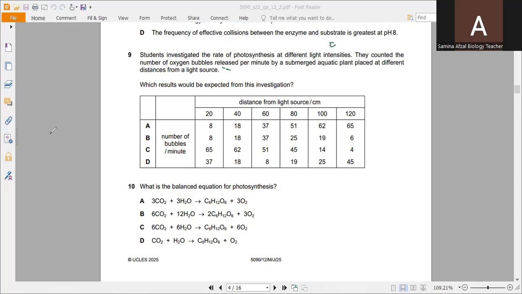They counted the number of oxygen bubbles released per minute by a submerged aquatic plant placed at different distances from a light source. So what result would be expected from this investigation?